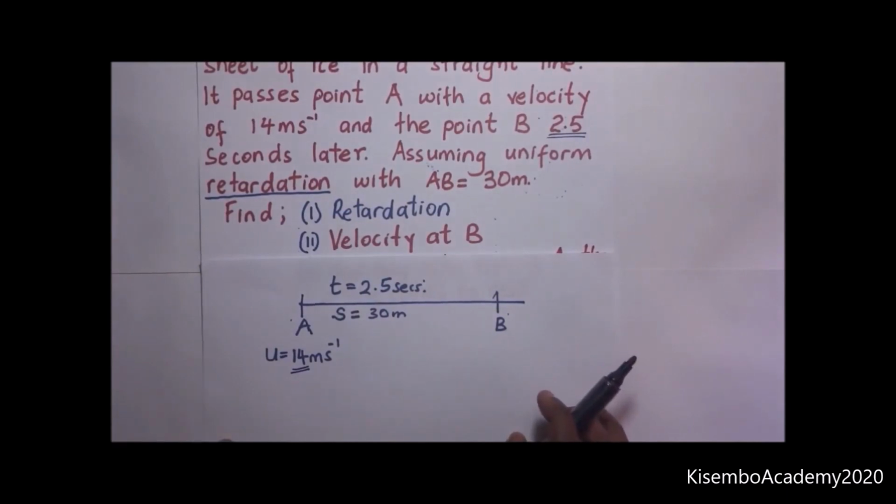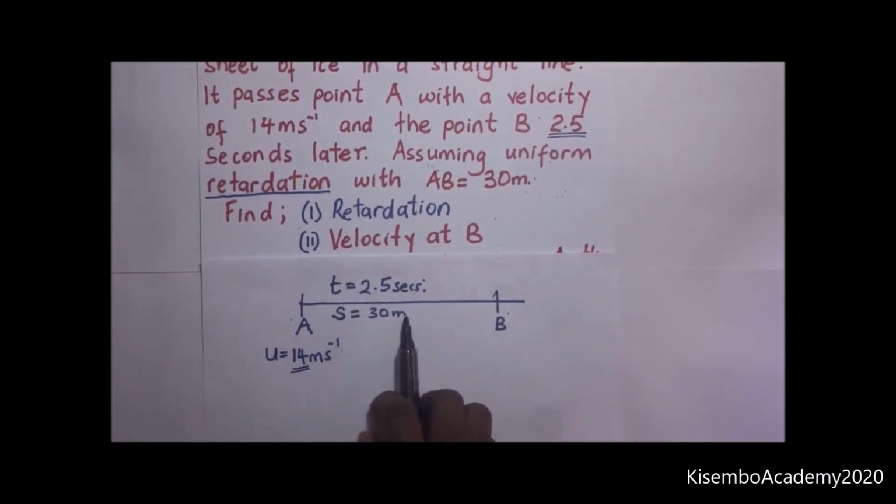So we have the distance S, we have the time, we have the initial velocity u. So from our equations of constant acceleration, we shall choose an equation that satisfies all these to give us our value of a. And since the body is retarding, we definitely expect our value of a to be negative.